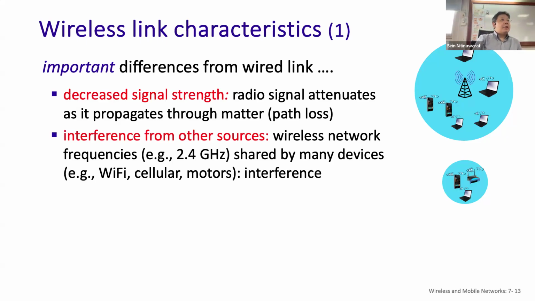What do you think will happen if you all send your Wi-Fi signal to the AP? If you don't do anything, your signals will interfere. So that's why you need some smart mechanism, basically medium access control, to allow you to efficiently share the AP's resource.